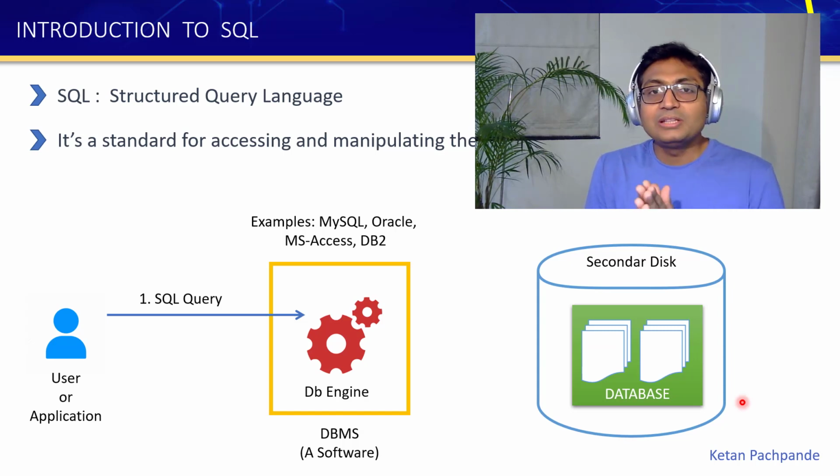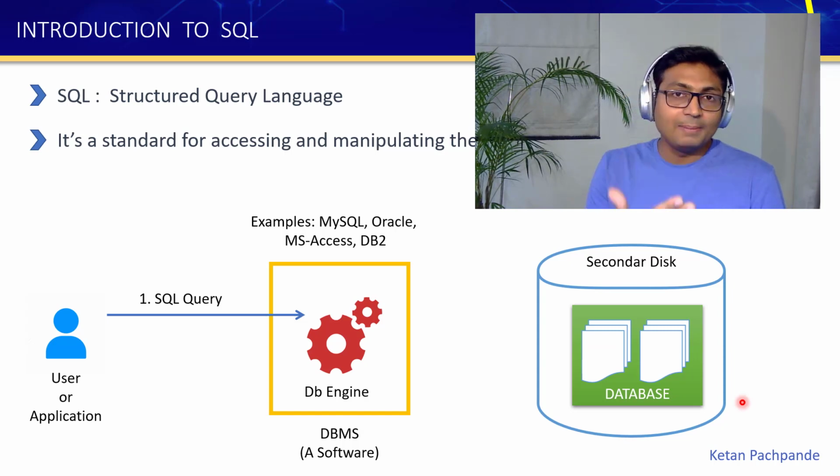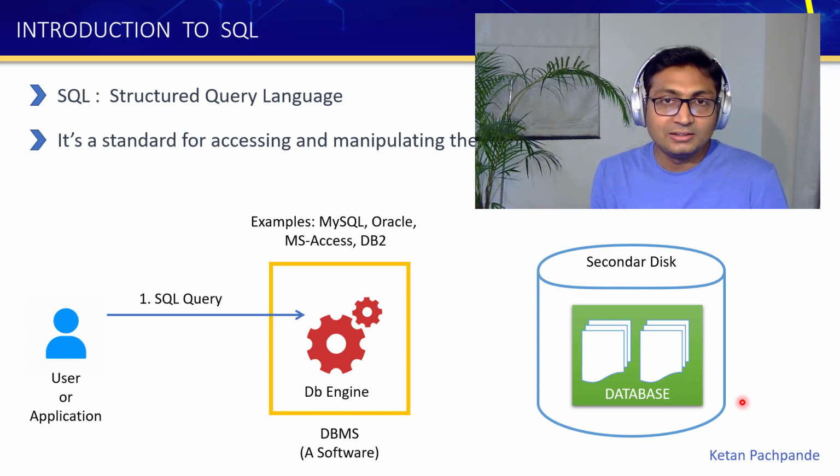Now, a developer, a user or an application can submit an SQL query to this DBMS. The DBMS has a service running, which we can call the database engine, an infinitely running service that is listening for requests or queries. And when you submit the query to the DBMS, it is going to interpret the query.